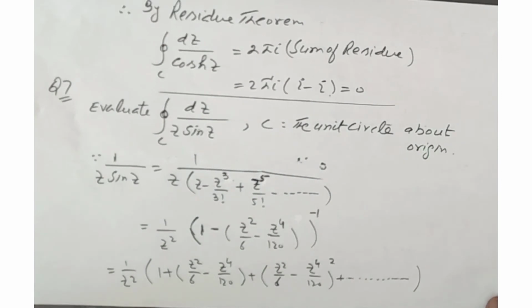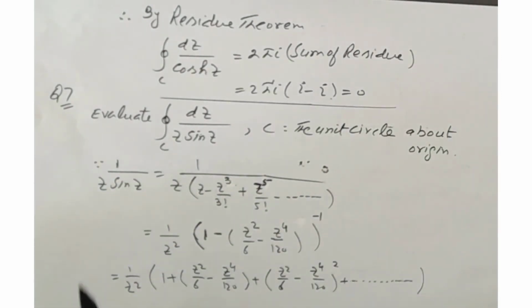Now question 7: evaluate the integral of dz over z sin z, where C is the unit circle about the origin. You see that 1 by z sin z, the expansion of sin z is this.